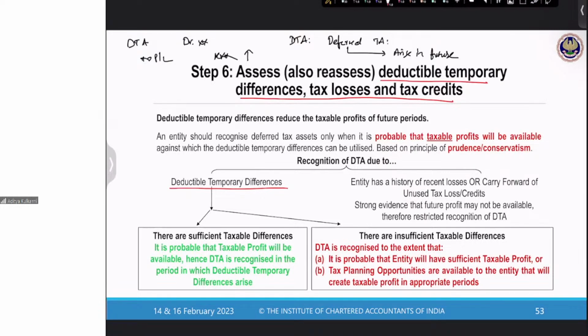So there is a history of recent losses, or there is a carry forward of unused tax loss or credit. So what happens is, you should have a strong evidence of taxable profit arising in the future, which can meet this tax loss.